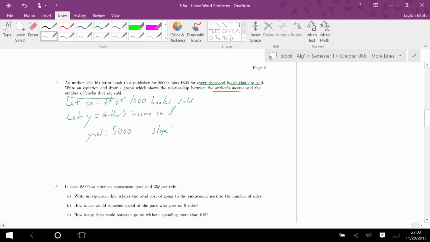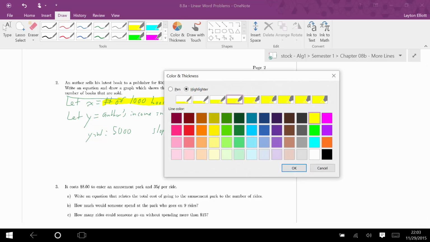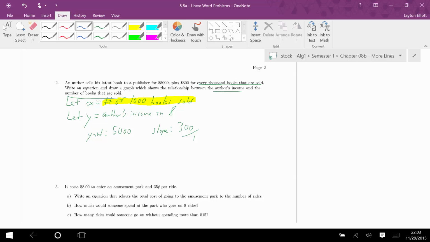And then the slope is 300 to 1, 300 for every 1,000 books sold. It's not 300 to 1,000 because we said that x was the number of 1,000 books sold, so we've already accounted for that. So the equation is y equals 300x plus 5,000.